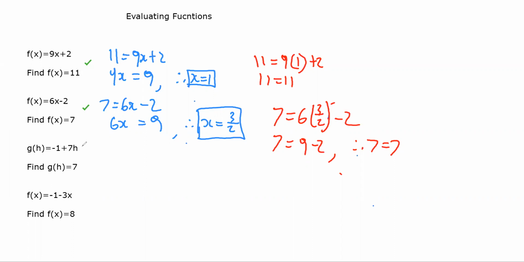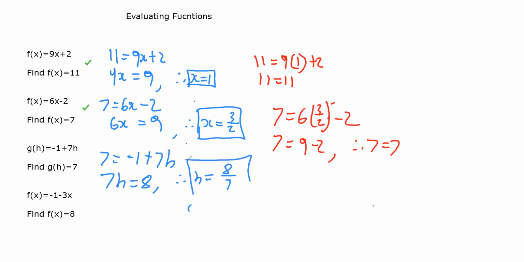Now, if we do that, we will get 7 equals -1 plus 7h. Now, we need to simplify that. If we simplify that, we will get 7h equals 8, and therefore h equals 8 by 7.